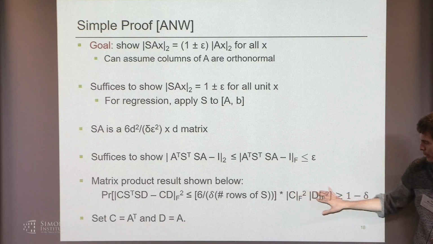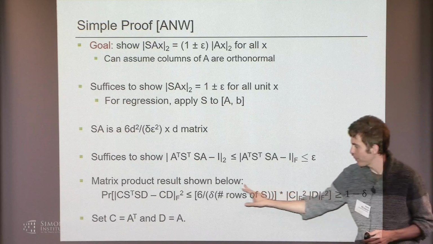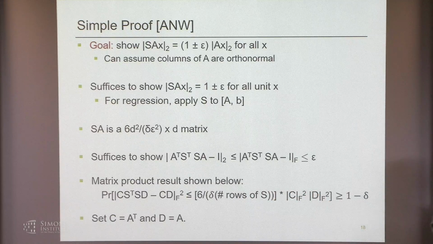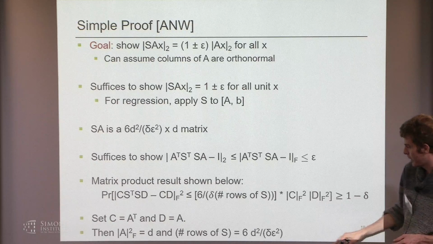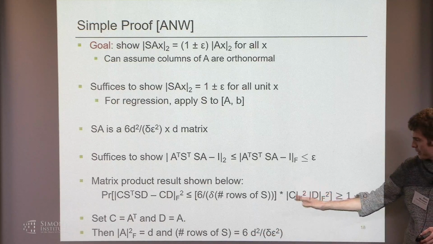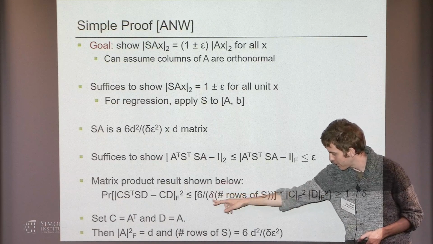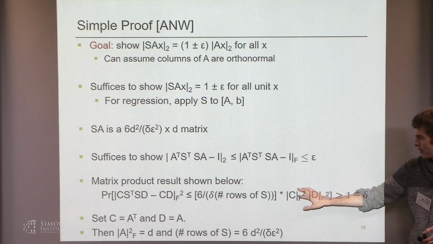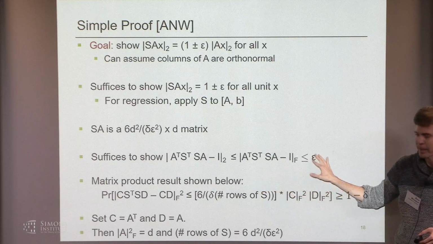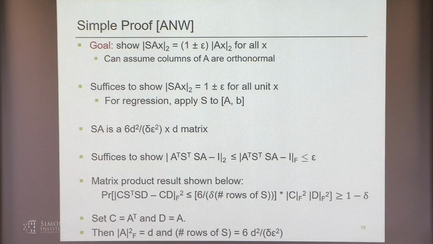So I get a d squared here, and I just need to set my number of rows to be roughly d squared to cancel this d squared. More precisely, if I set my number of rows to be 6d squared over delta epsilon squared, these d squareds cancel, this delta cancels, and I'm left with an epsilon squared here. After taking square roots, I get back the epsilon that I asked for.